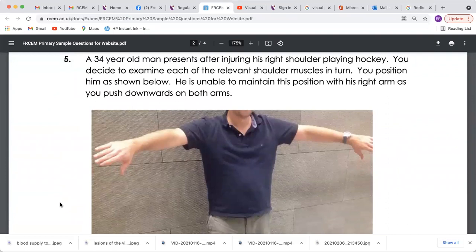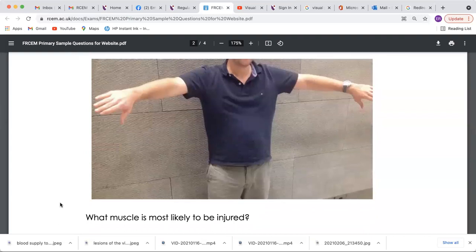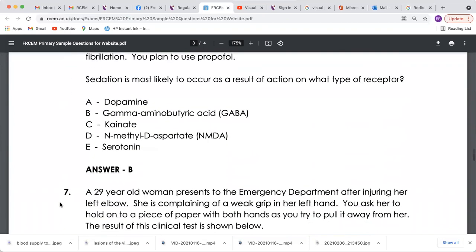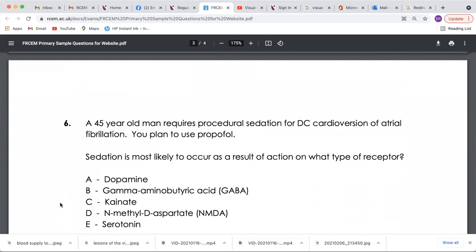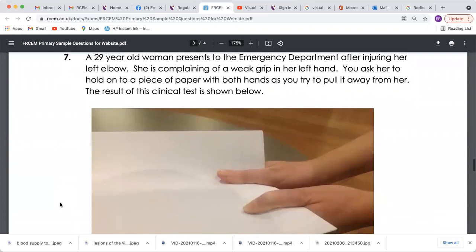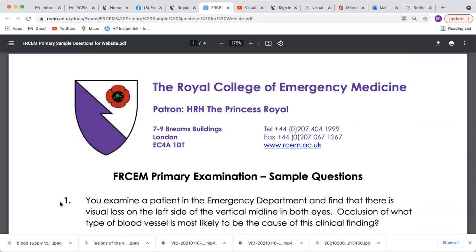That is, I would say, a bit of a challenge if you're not studying for MRCEM, or if you're not a trainee in the emergency department in A&E. And the rest is straightforward. Also, you need to be aware there are a lot of pharmacology questions coming in. Pharmacological questions are very popular in the MRCEM exams, and damage of nerves and tests to reveal nerve injury are also important.